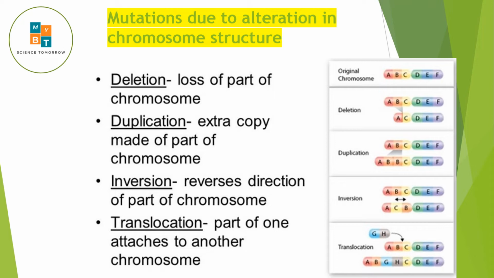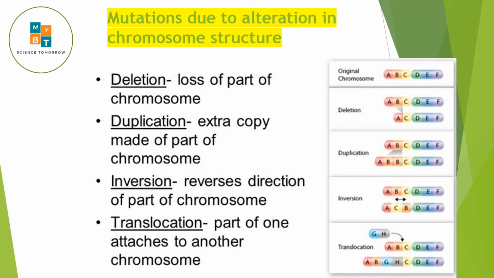So in the first case, B has been deleted. So you don't have the B in the deleted chromosome. So it's a mutation. The other type is duplication. There's an extra copy made of part of the chromosome. So B has been duplicated. The third one is inversion.